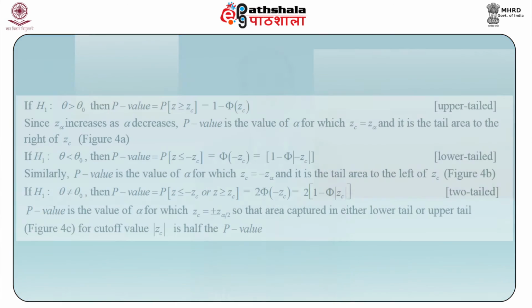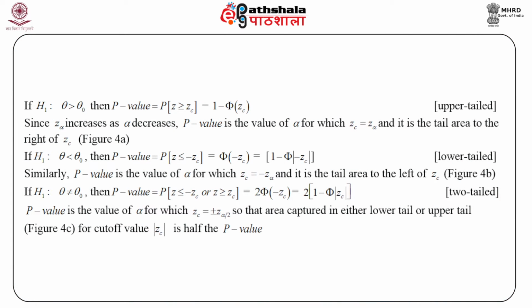Then let H naught be theta equal to theta 0. So if H1 is theta greater than theta 0, then the p-value could be written as P(Z greater than or equal to ZC), which is equal to 1 minus phi of ZC, which is upper tailed.